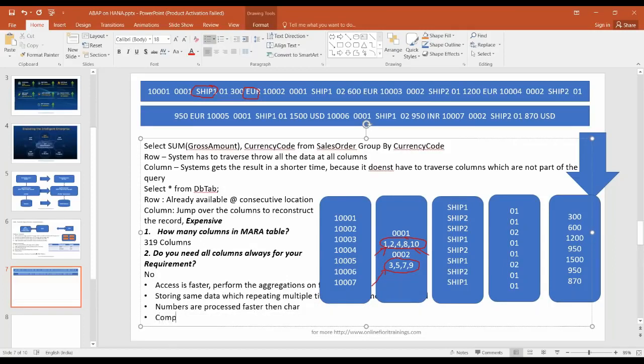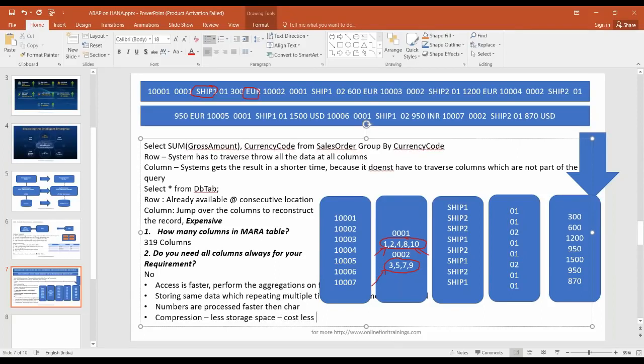Fourth advantage, compression. You see, guys, you have achieved a compression. Less storage space is required in a column store as compared to row store, where data is stored sequentially. You can achieve a better compression. As a result, you need less storage space, and your cost is also less.